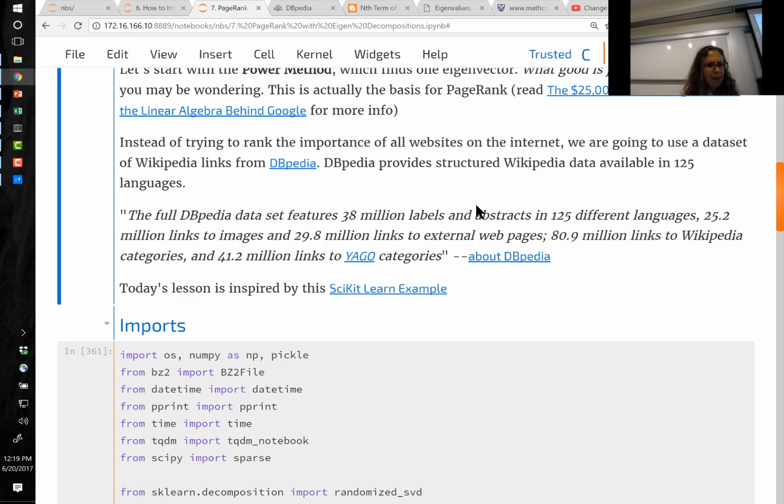The data set we'll be using shows which pages link to which other pages. The basic idea behind the original PageRank algorithm for Google's search was that pages that a bunch of other pages link to must be more important, since so many people are linking to that page.